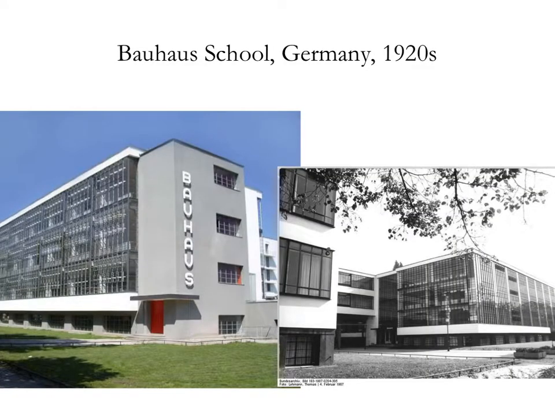So the first example here is the Bauhaus School in Germany, which was built in the 1920s. And I believe you've probably already looked at this a little bit in class before. This is part of the functionalist school, and the functionalists really wanted to make a building that was totally functional. So they don't have any extraneous decoration on the outside.